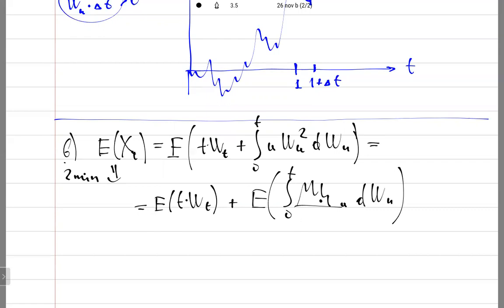We have the property that the expected value of a stochastic integral is 0. Zero. Any integrand will do, provided some convergence, but we will not check it. And here t may be taken out of the expected value because it's non-random, it's time. There is nothing random in time. Yeah, you are right. It's 0.